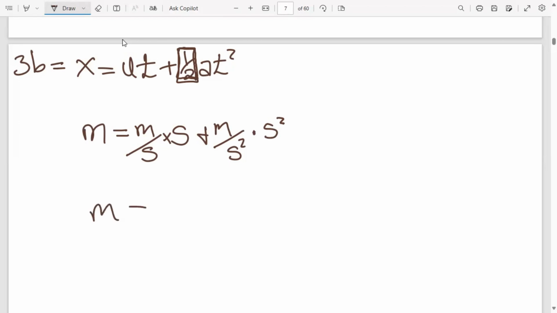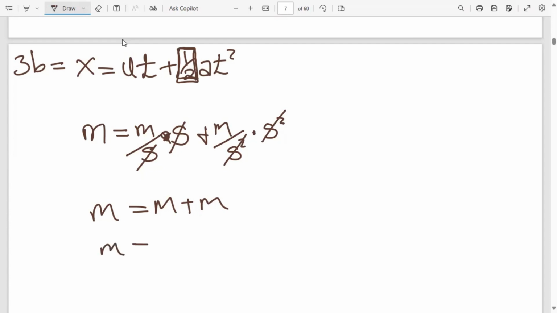Okay, so what are we going to have here? We're going to have the meter is equal to, from the multiplication that is taking place here, you can tell this is a denominator, S, and if you're multiplying like that, that can go. So we remain with M, plus we also have M here over S squared, multiplied by S squared. So this S squared can cancel out with that S. Then we are going to remain with M plus M. Okay, and since this is dimension analysis, you can add these two.